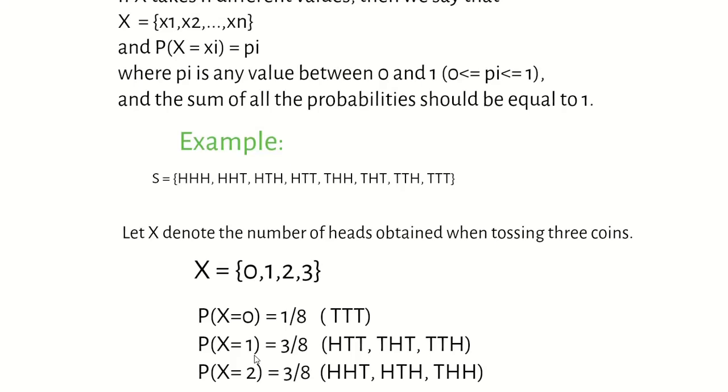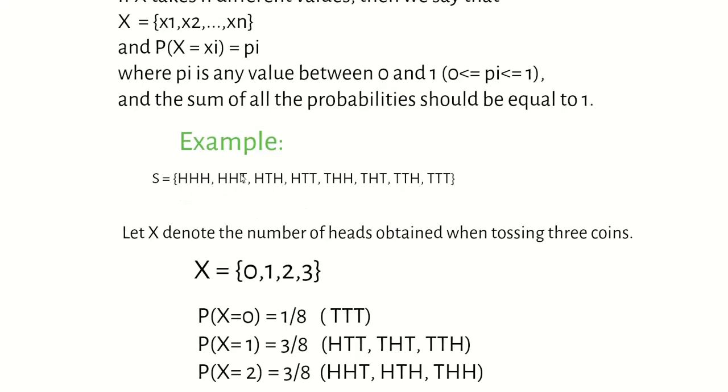What is the probability of getting 2 heads? It will be the number of outcomes in which we have 2 heads out of the total number of outcomes. So where do we have 2 heads?